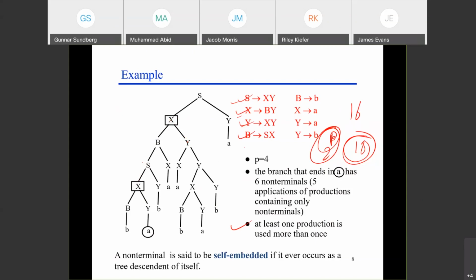So Y is not a descendant of S, but it can be directly or indirectly. Maybe you have X here, or maybe you have an indirect one. In this case, you have to follow this path. It should be possible to reach both non-terminals by bottom up or top down parsing.